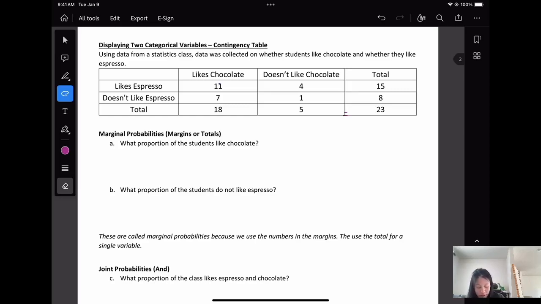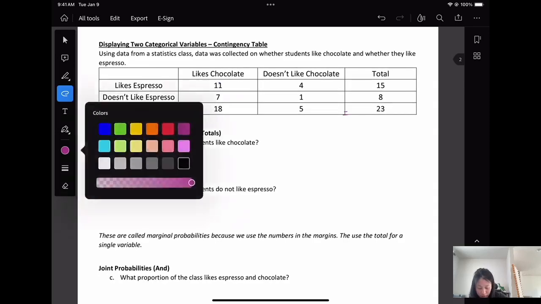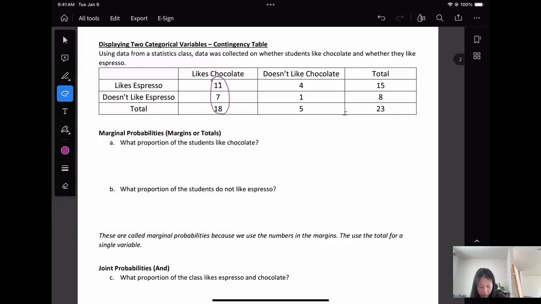We want the total number of students who like chocolate, which is this column. 11 students like chocolate and also like espresso, 7 students like chocolate but don't like espresso. So the total number of students who like chocolate is 18 out of the total of 23. This is the students who like chocolate over the total number of students.